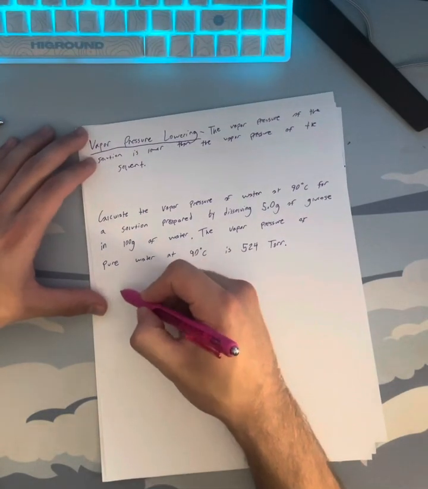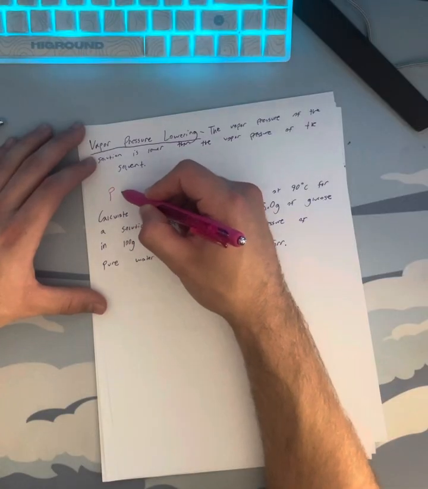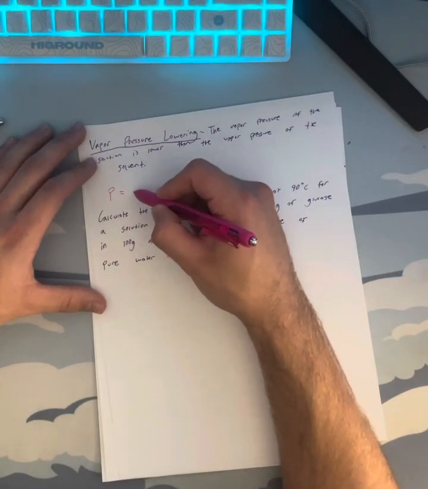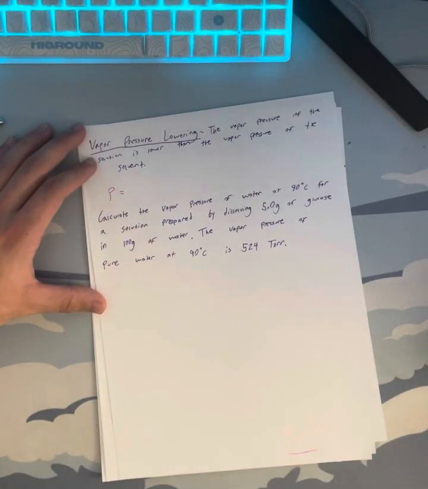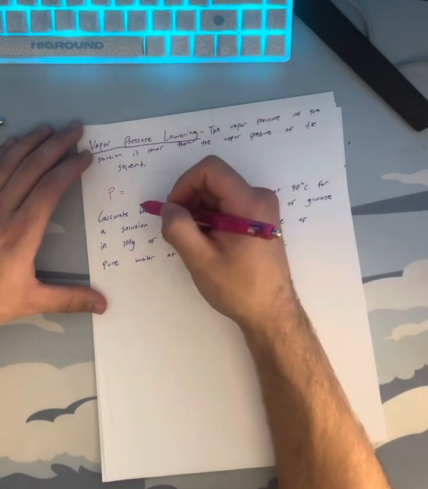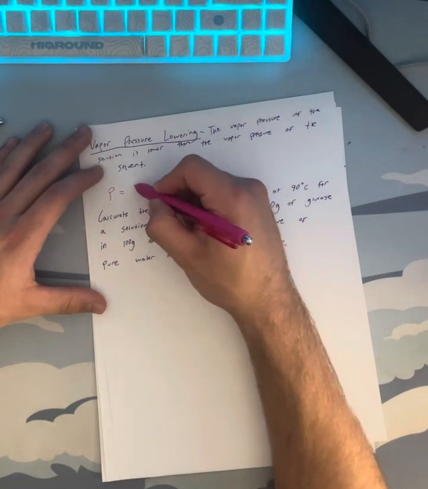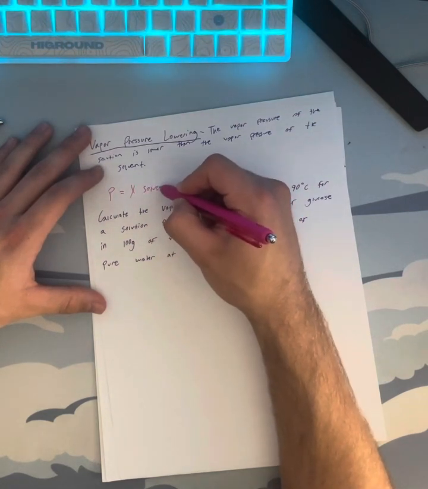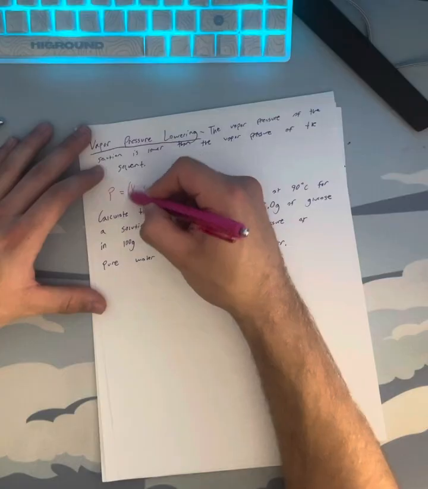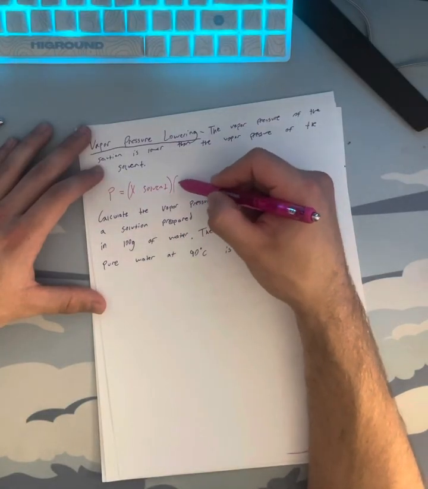So vapor pressure of the solution is equal, this is Raoult's law, to the mole fraction of the solvent times the vapor pressure of the pure solvent.